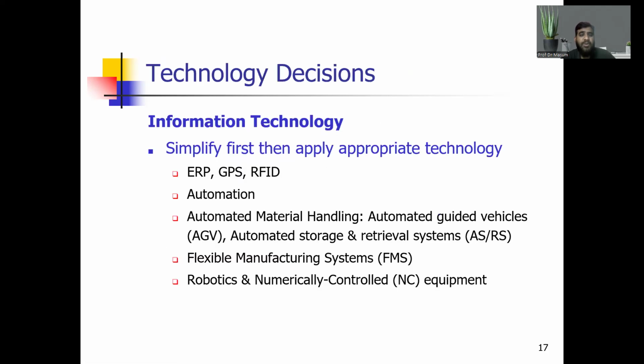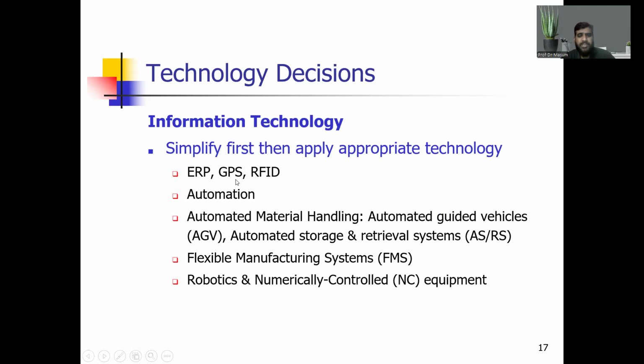So you have to link your design with the manufacturing process. And in today's world, in the age of 4IR, the fourth industrial revolution, you have to take care of the technology also. For example, you are working on an enterprise resource planning platform.